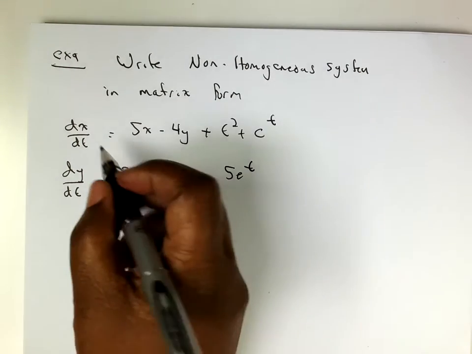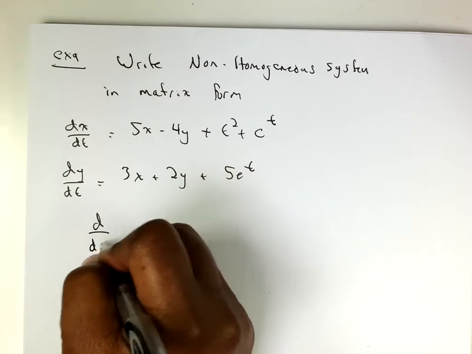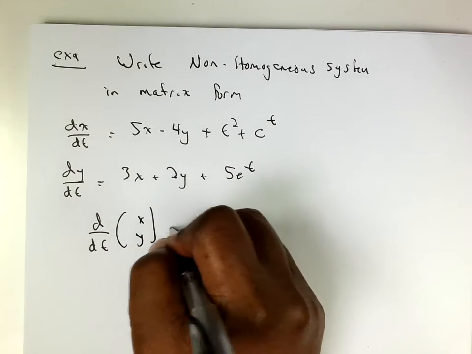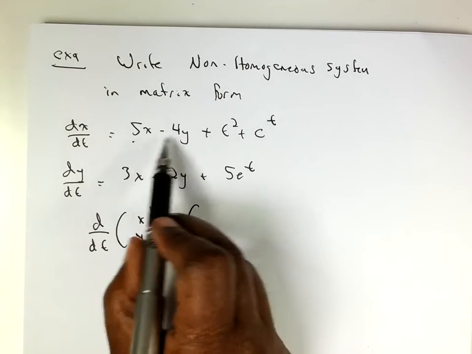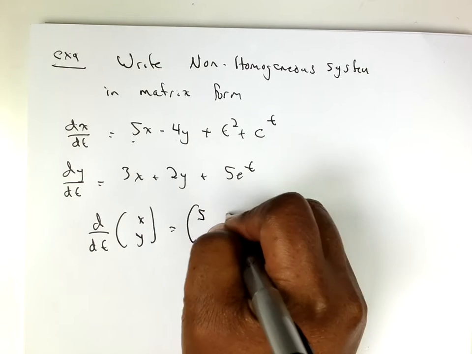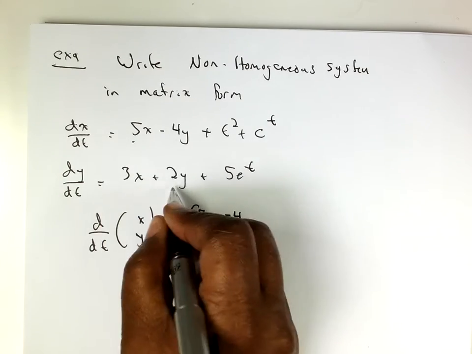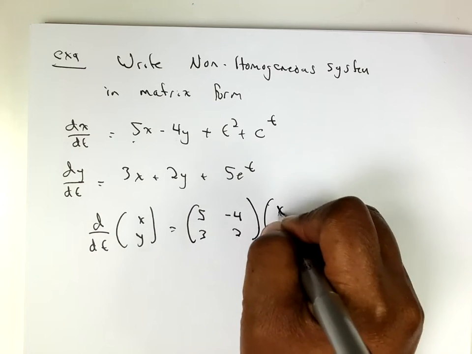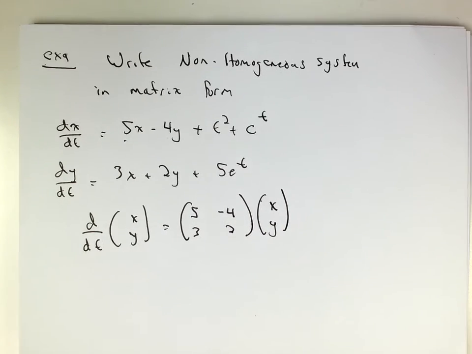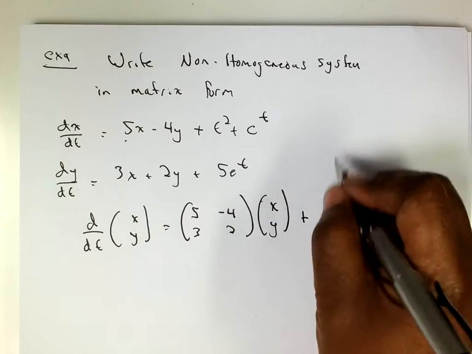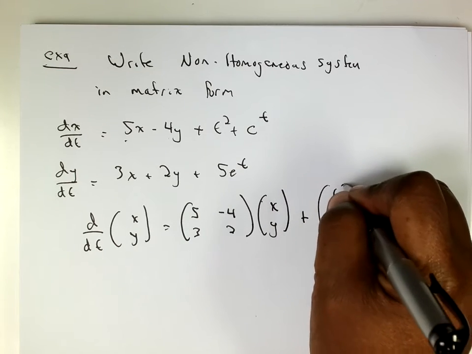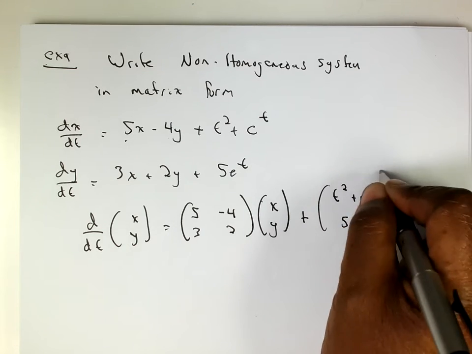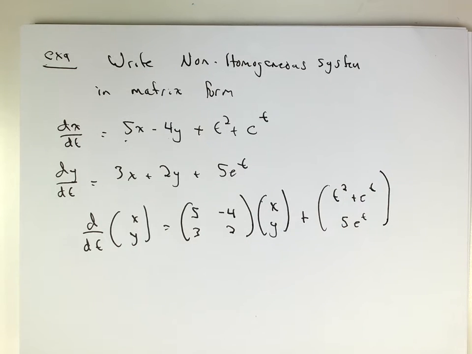So those are my differential equations. To rewrite it, I want d/dt of (x, y), then the coefficients, 5 and negative 4, and on the bottom 3 and 2, multiplied by the column matrix (x, y), and then the non-homogeneous part: t squared plus e to the t, and on the bottom 5e to the t.